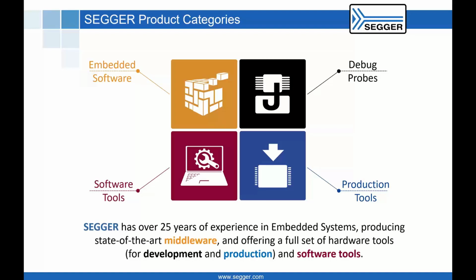We also have a line of production tools. Those are our flasher programmers. And we also have software tools to help you actually develop your application. We have Embedded Studio, which is our IDE, Ozone, which is our debugger, which we're talking about today, and also things like SystemView and AppWizard. So we have a bunch of software tools that are very helpful too.